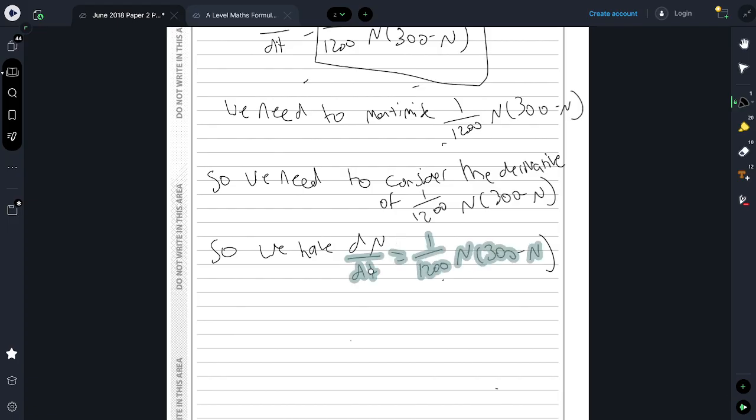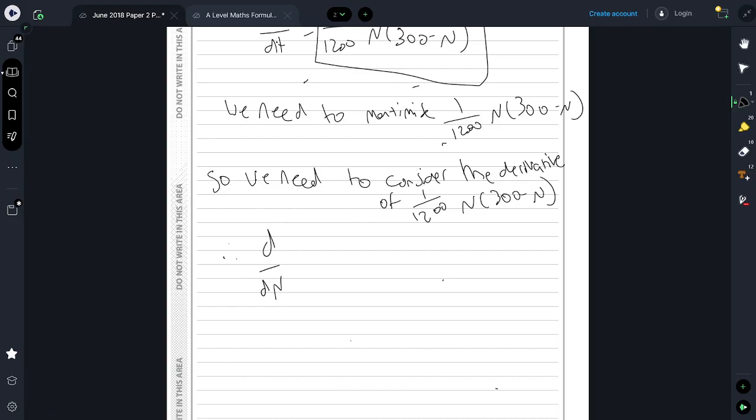So let's differentiate it then. Therefore, d over dn, because we're differentiating with respect to n, of 1 over 200 n of 300 minus n.